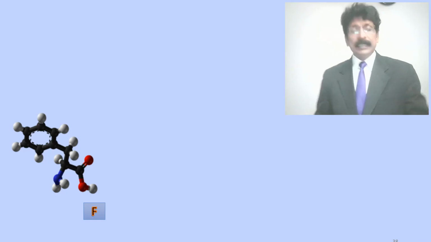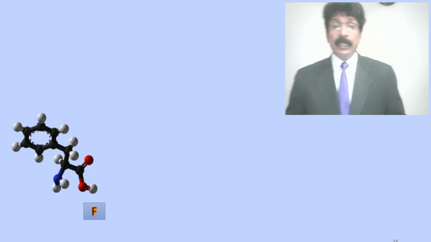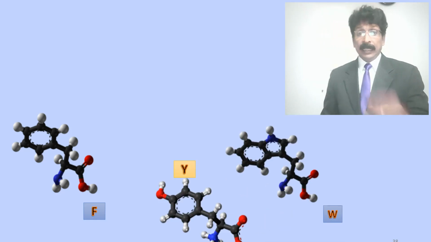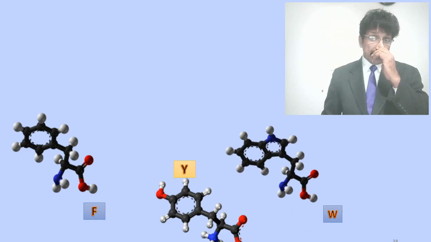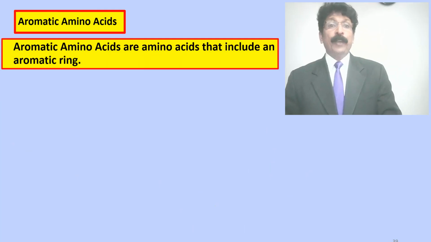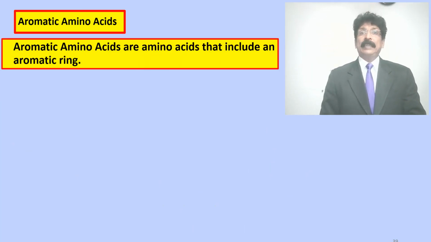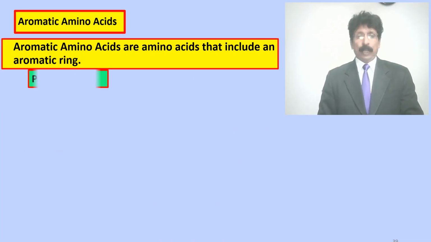This is the molecular structure of phenylalanine, and the next ones are tyrosine and tryptophan, the aromatic amino acids. When we talk about aromatic amino acids, these are the amino acids we are going to discuss that have an aromatic ring.